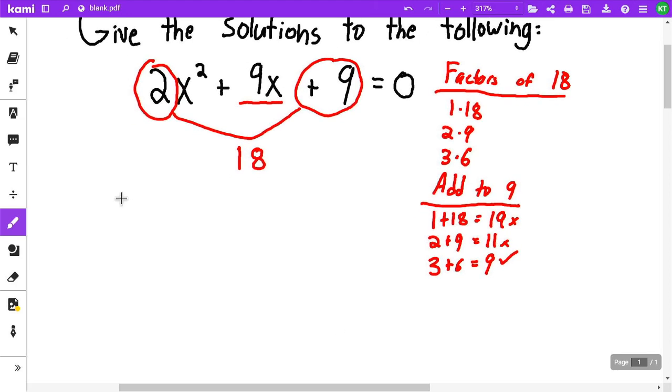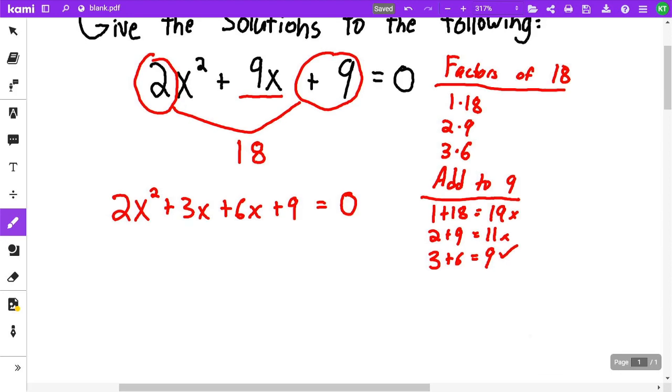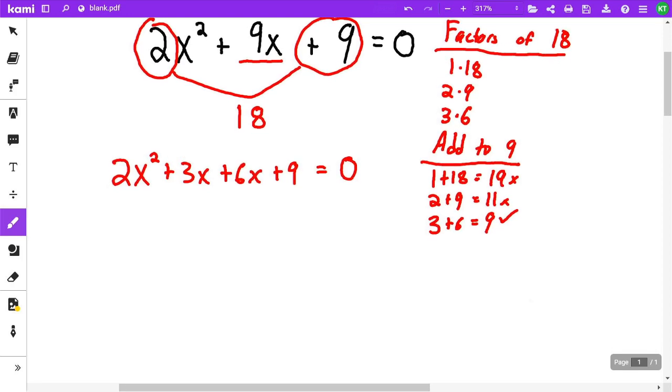So we'll rewrite this here as 2x squared plus 3x plus 6x plus 9 is equal to 0. So now that we have all of our terms written out here and it's expanded, we're going to put them into a box.